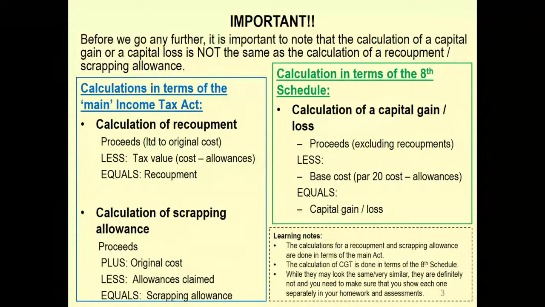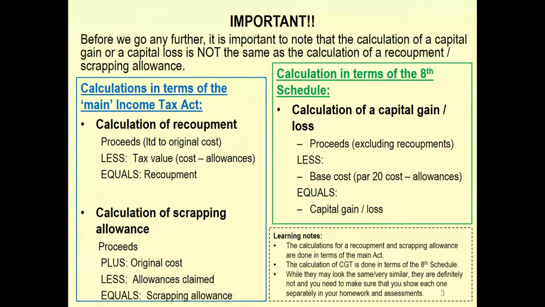Courtney, proceeds for capital gain, loss calc will never be limited to cost? No, because the whole idea behind capital gains tax is to take that portion that SARS hasn't been able to include in your gross income because it's a recoupment, for example, and now make it subject to tax. So that limitation to original cost is based on what we did for capital allowance purposes.